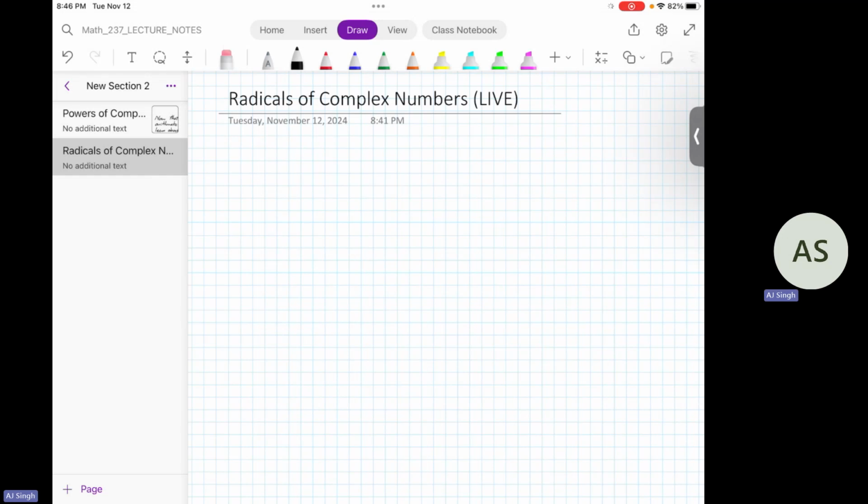So let me say, now, intro sentence. We wish to learn how to compute radicals, sometimes called roots, right?